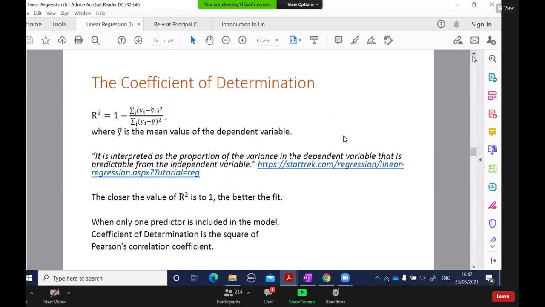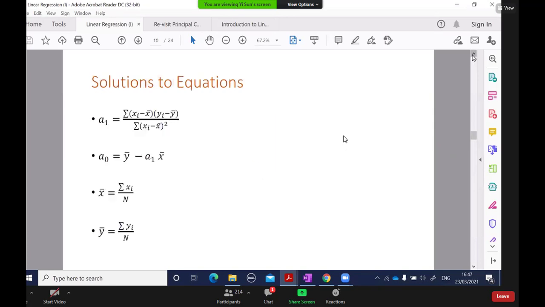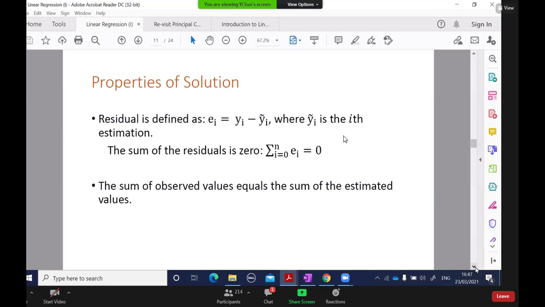We didn't calculate A1, but we explained the meaning and compared it with the covariance matrix, the shape of it. And then we discussed residue. That is very important. The sum of residues, no matter which data set you have been given, should be equal to 0. If you calculate it after you train the model and the sum of residues is not equal to 0, then something has happened. You need to check.